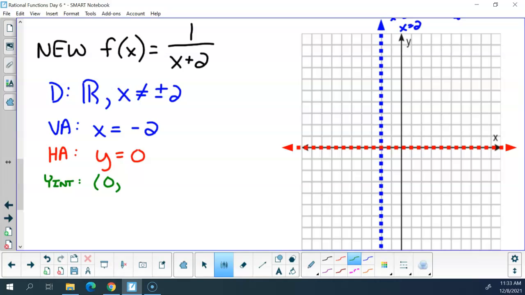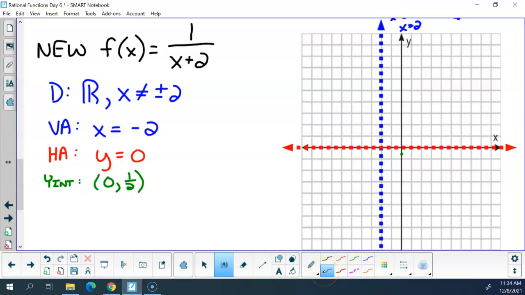No. If you plug in 0, oh, it's 1/2. That's a number: 0 comma 1/2. So John, plug in 0 for x. I was looking at the wrong one. You're looking at step 4, not step 3. Okay, I got it.